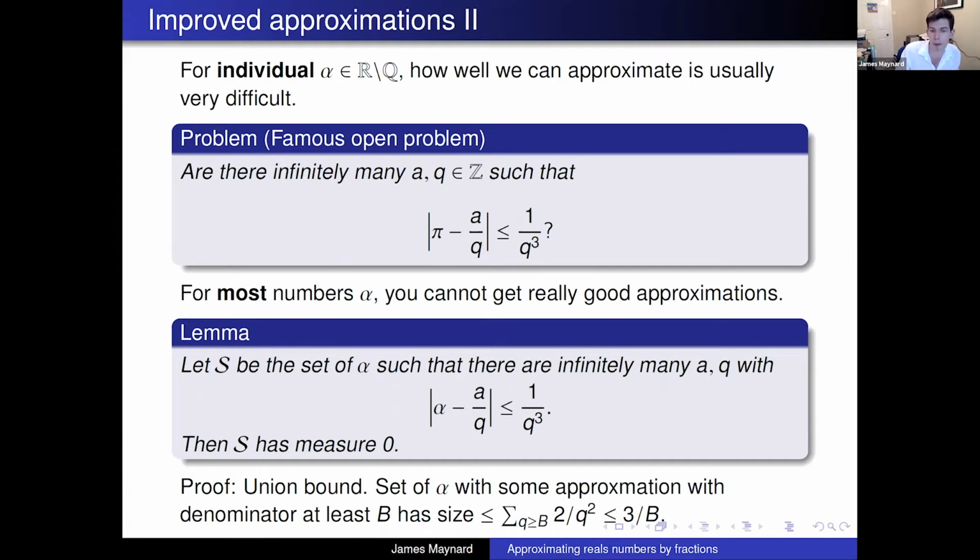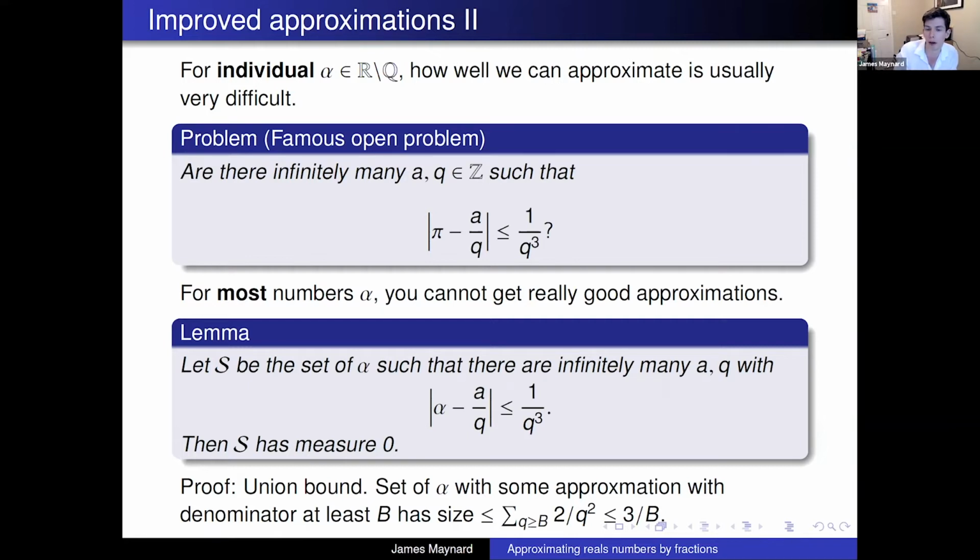And the proof of this is very simple. You can just consider all real numbers, say between 0 and 1, that have some approximation with denominator q, and it's quite easy to see that the set of numbers is just a union of q different intervals, all of length about 2 over q cubed, and so the total measure is 2 over q squared.